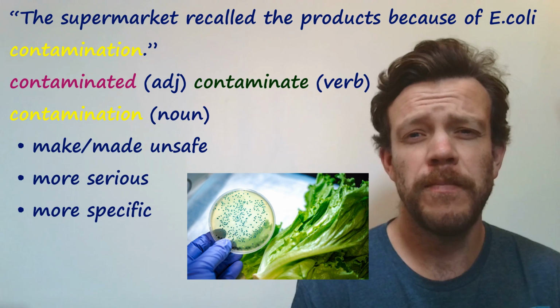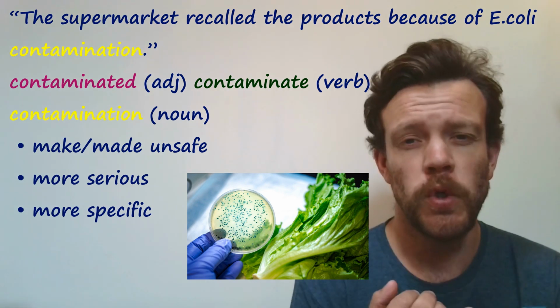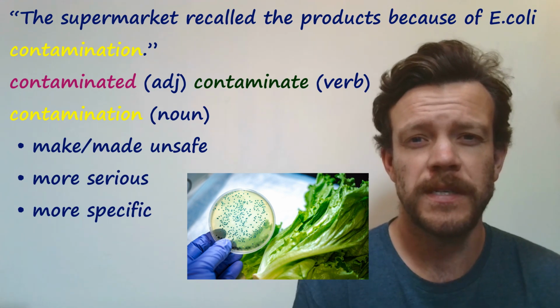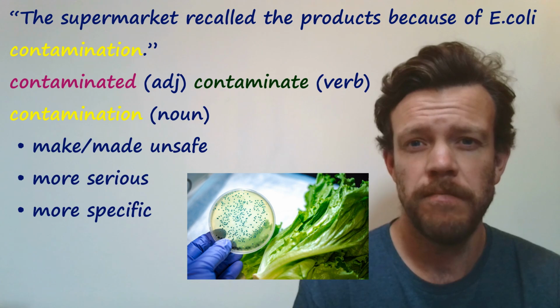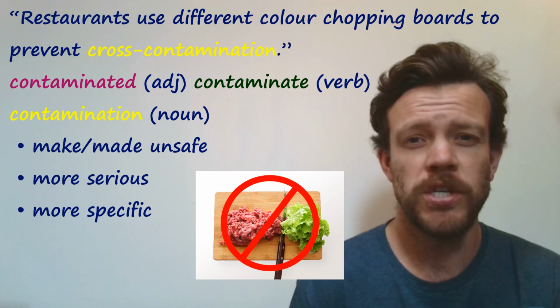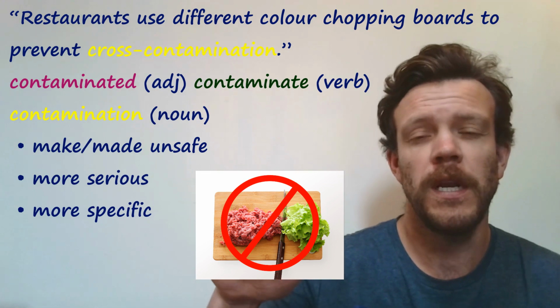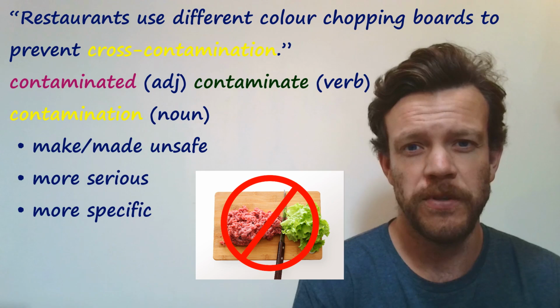Food can be contaminated. A supermarket will recall, take back products it sells if it's contaminated with things like E. coli. There's something called cross-contamination, where one food, like raw chicken, contaminates another, like vegetables.